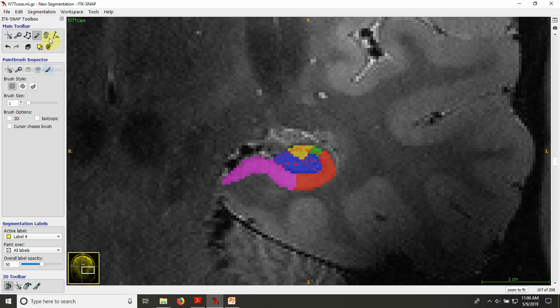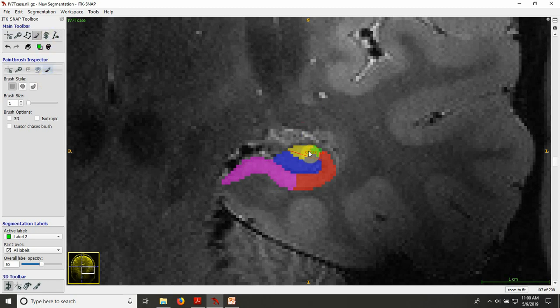Okay, so now I'm gonna remove all these labels, all these lines, and now I'm gonna adapt the CA2, CA3 border. So again, for this, I'm gonna draw a line from the most lateral point of the dentate gyrus to the most medial point of CA3, like this. So then this would be, the midpoint would be my border between CA2 and CA3.